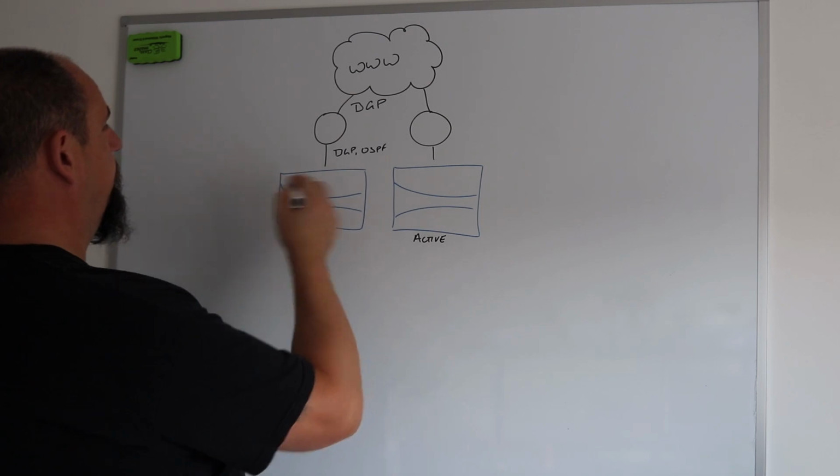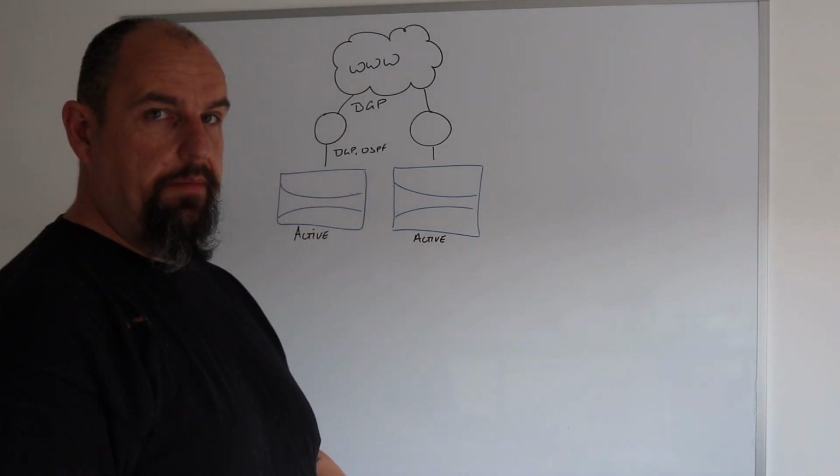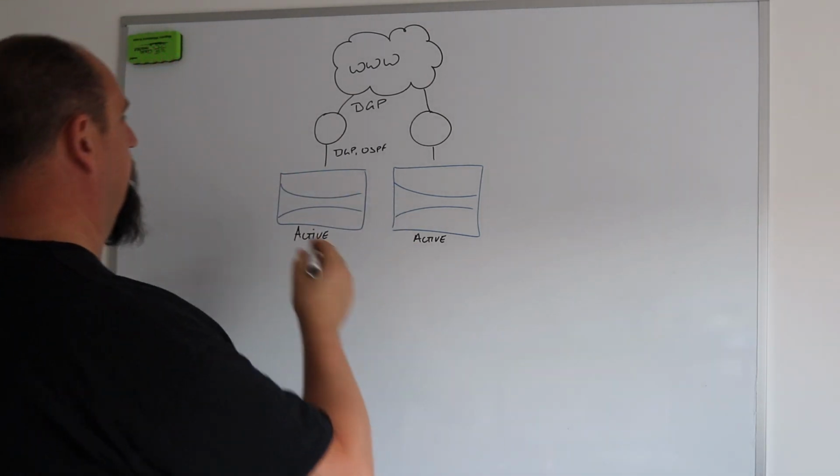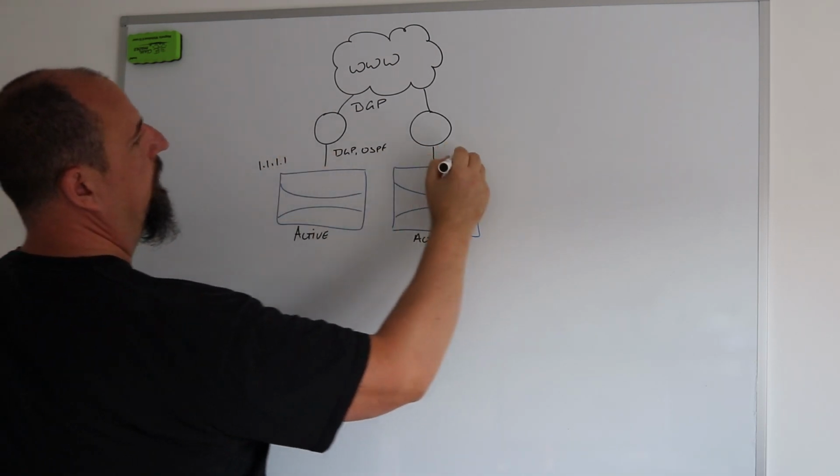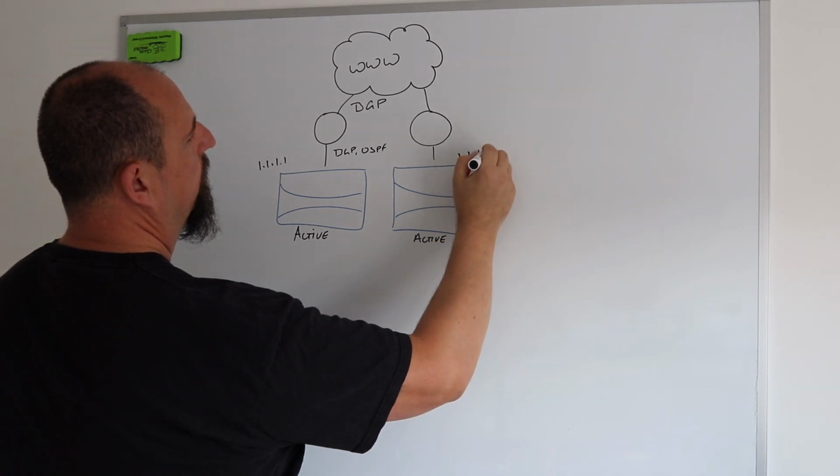And these will be configured with separate IP addresses, no floating IP addresses here, so they can have separate IP addresses. So this is 1.1.1.1, 1.1.1.2.